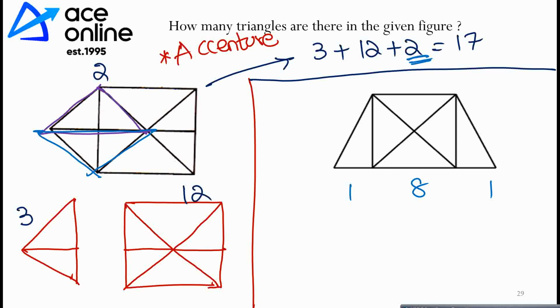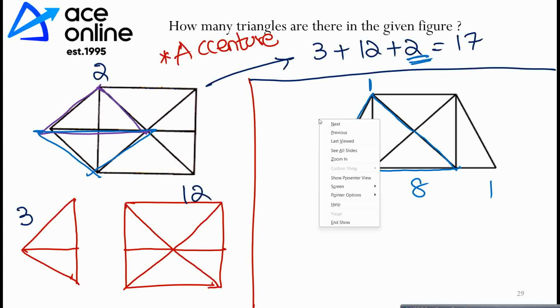Middle one 8, right? 1, 2, 3, 4, 4, double 2, left side 1, right side 1. But as it is combined, here I got one extra triangle only. As I combined, I got one big triangle here. This is a common side only, but only one extra I got, not 2. Don't try to fix 2 whenever a common side is there.